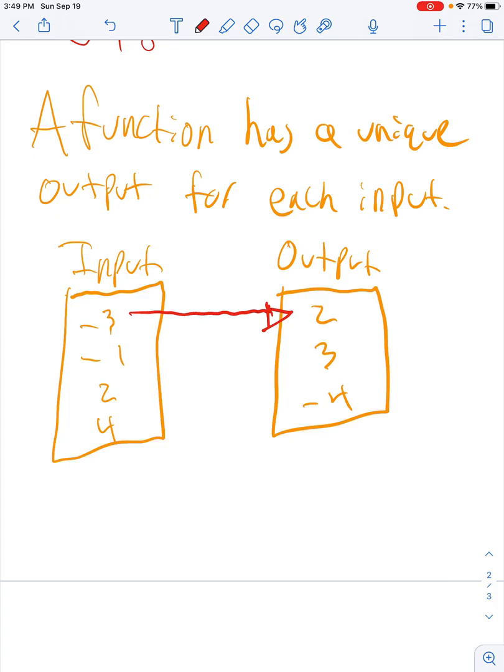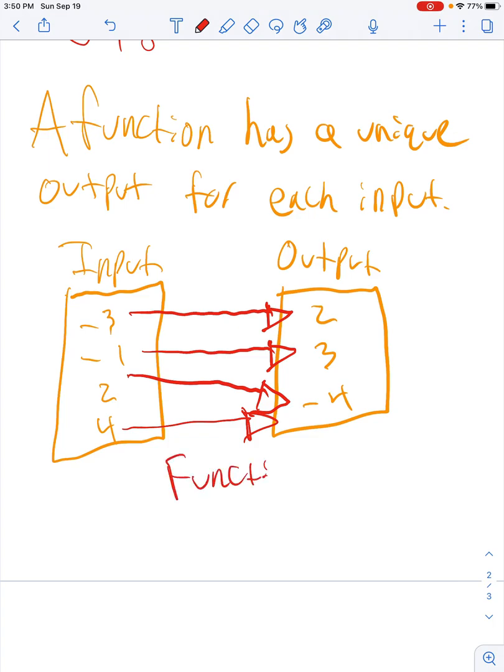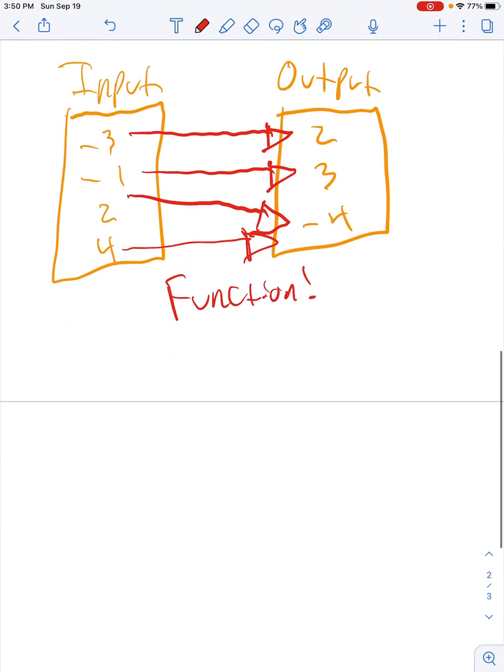Awesome. Let's say I input -1, I get an output of 3. Awesome. Let's say I input a 2, I get a -4. Totally okay. And because I have a different input, I input 4, but I also get -4. That's okay. This is a function. Yes, okay, function.